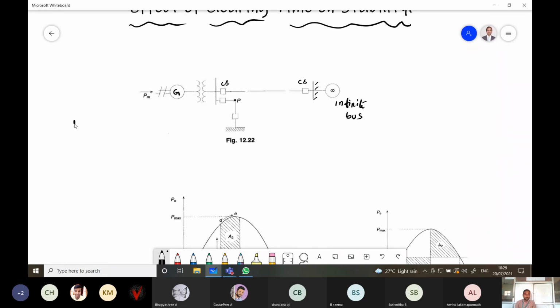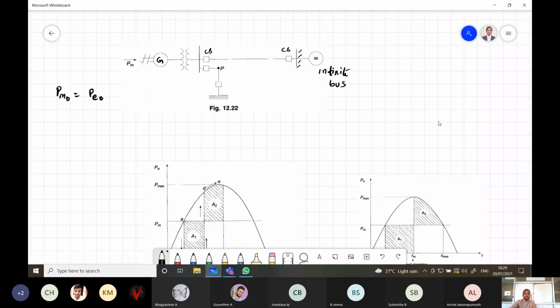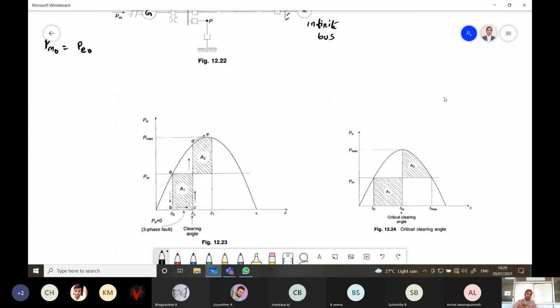Initially PM naught is equal to PE naught. So at point A, both mechanical power and electrical power are equal, and we get the operating point at point A, because this is the mechanical power line.